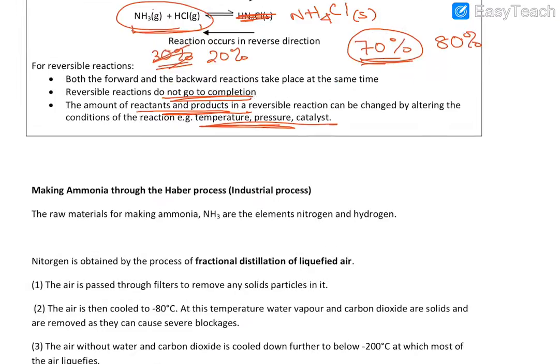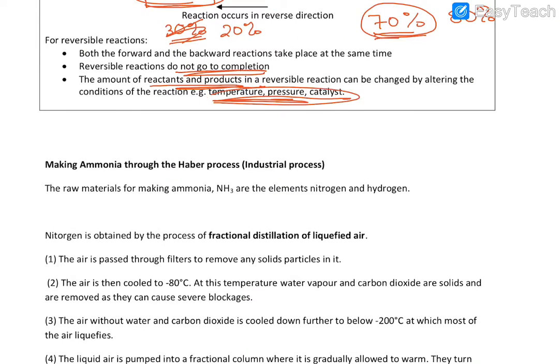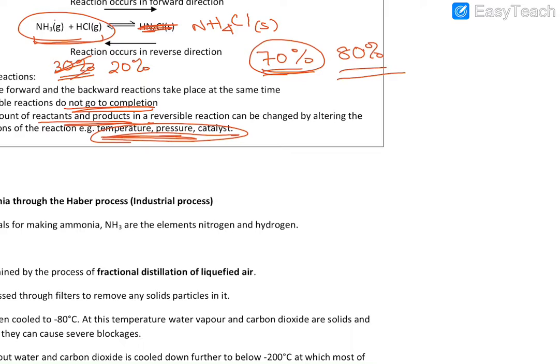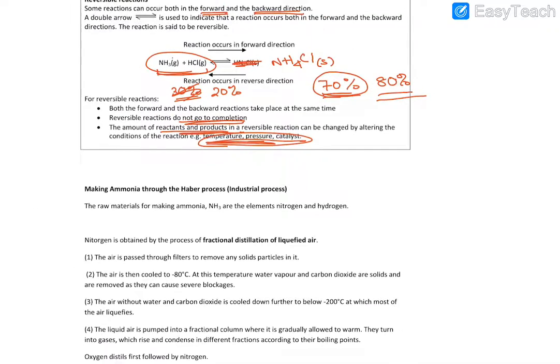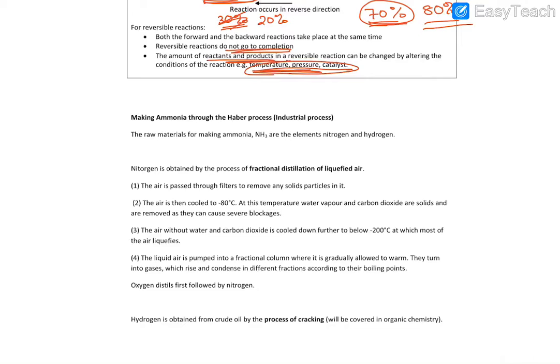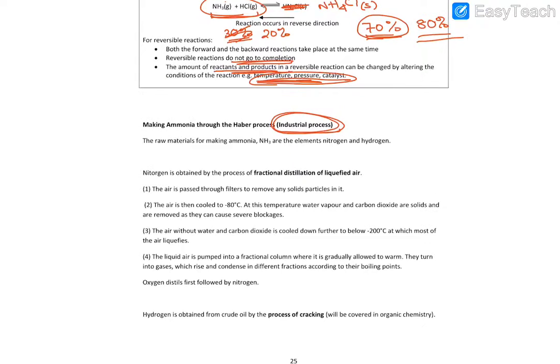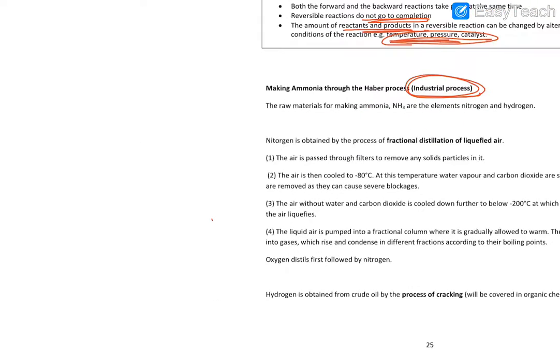So we're going to be using special conditions to bring up the amount of products in reversible reactions. So let's see how we make ammonia industrially. This is important. There are two kinds of processes to make ammonia: the industrial process and the lab process. Let's see the industrial process first. Ammonia is NH3.